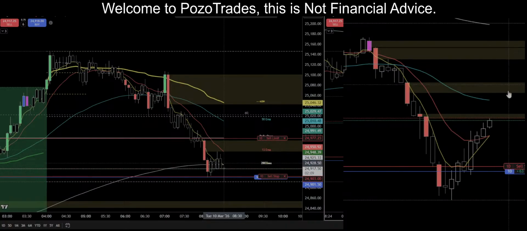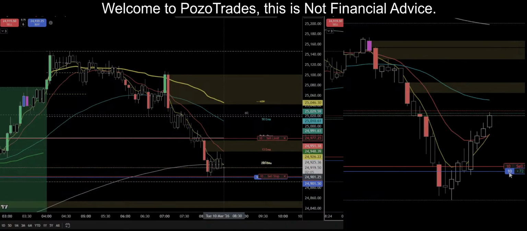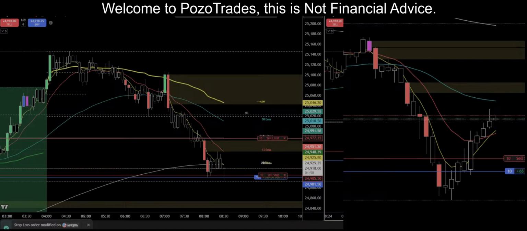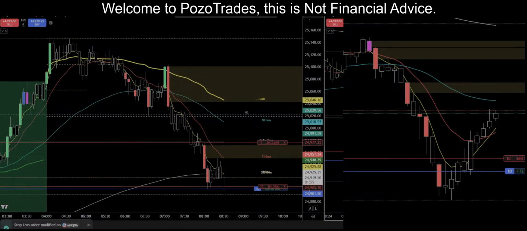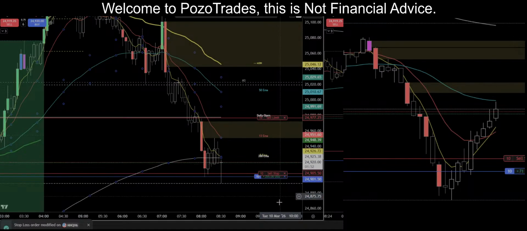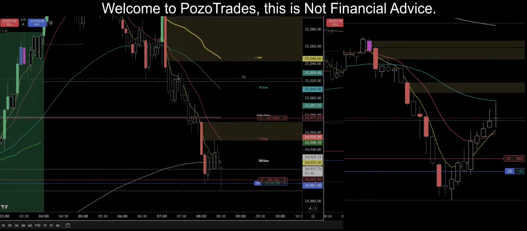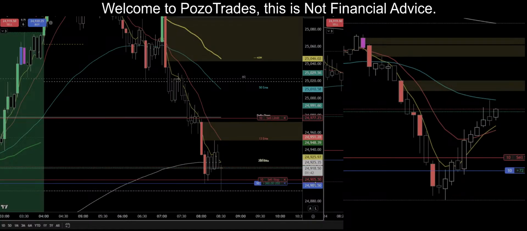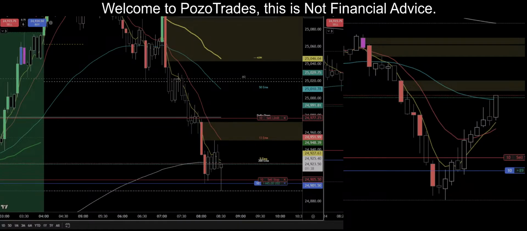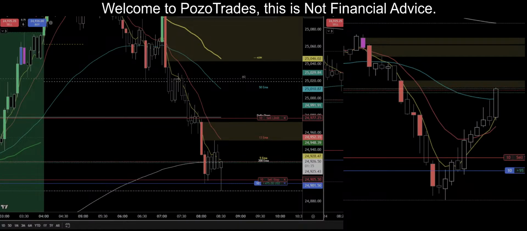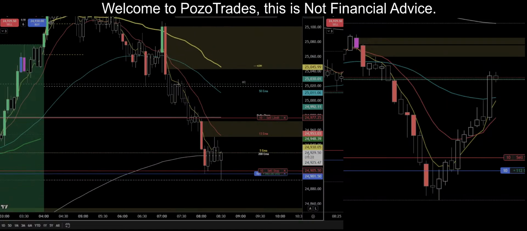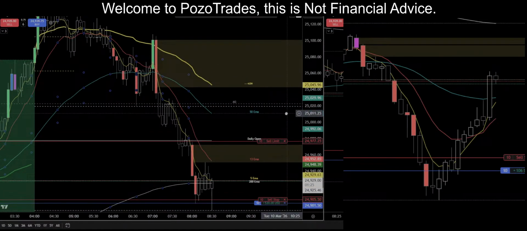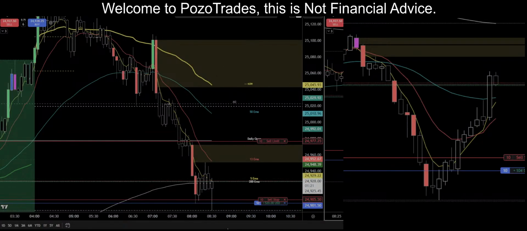I'd like to see some vectors start pushing out here, but right now all I'm going to do is target our closest point of interest, which would be the daily open.